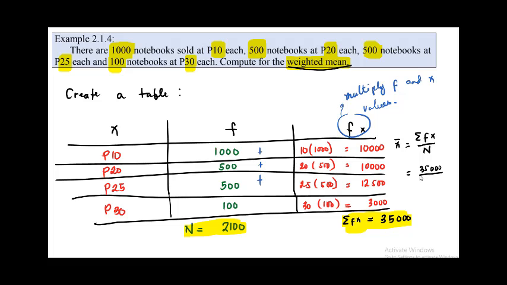And now we are ready to compute for the mean. 35,000 divided by 2,100, and we will get 16.90. Therefore, the weighted mean is 16.9 or 16.90.